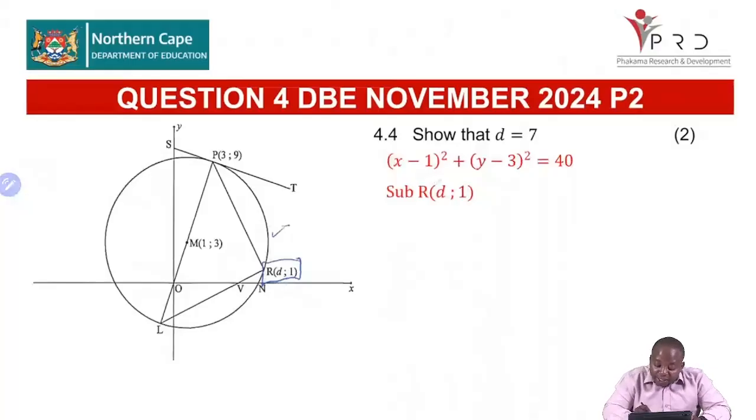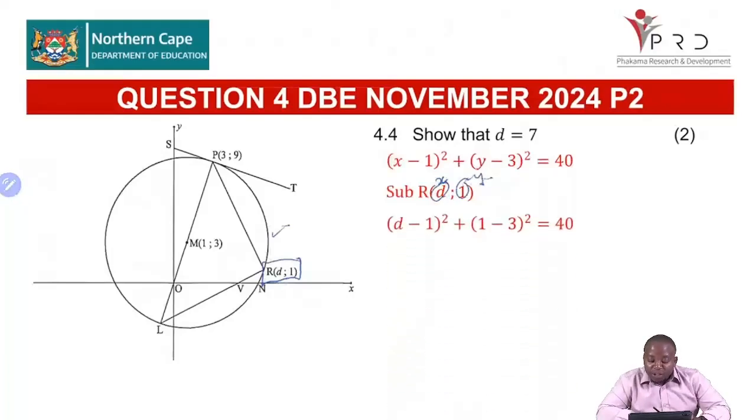So where there is x, I will place in my d, where there's y, I will place in my 1. Then I'm going to substitute those values. x is this, so it's going to be d minus 1 all squared. Then y is 1 minus 3 all squared is equal to 40. Then I can just simplify there. So we're going to get d minus 1 all squared.